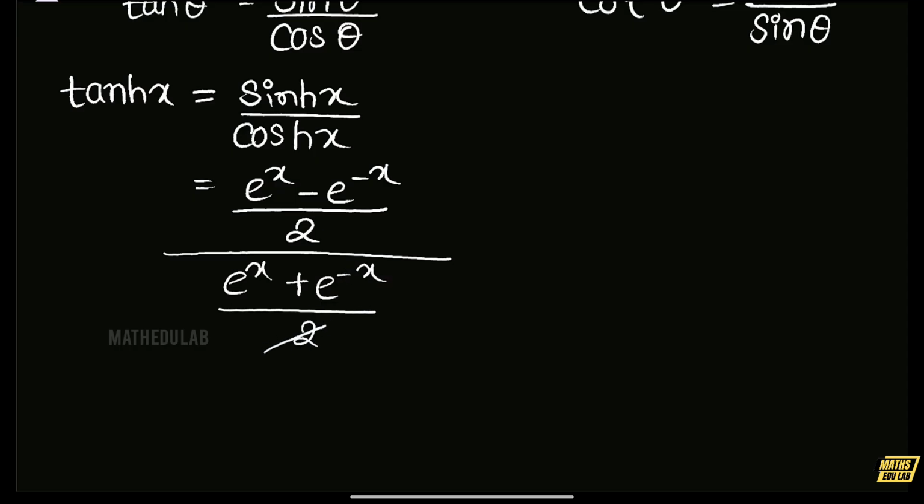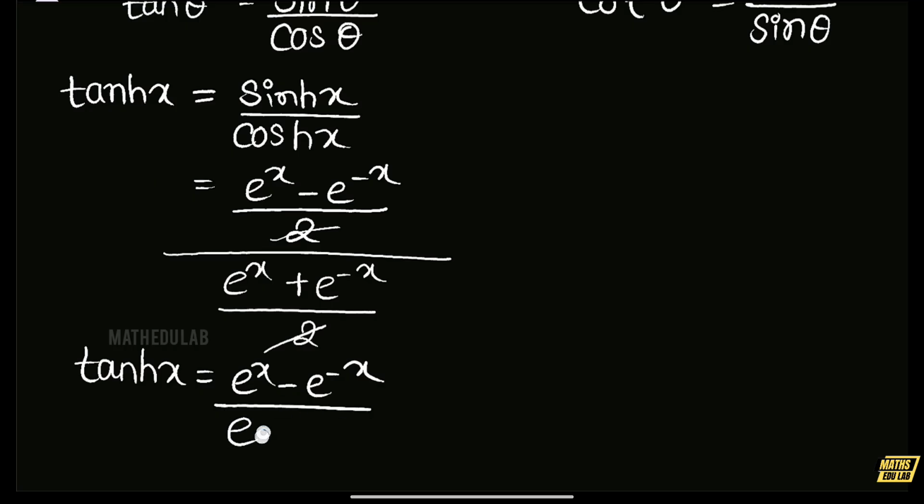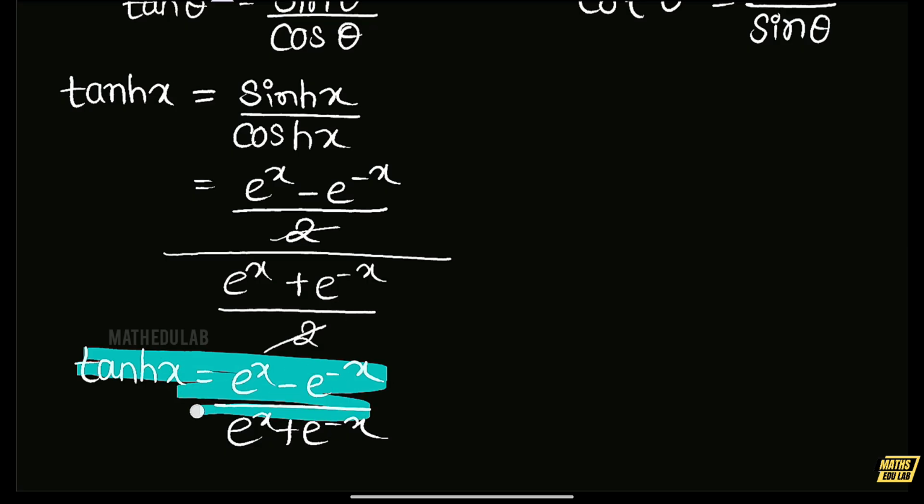Now cancel out these two values. We get tan hyperbolic x equal to e to the power of x minus e to the power of minus x by e to the power of x plus e to the power of minus x. So this is our tan hyperbolic x value.